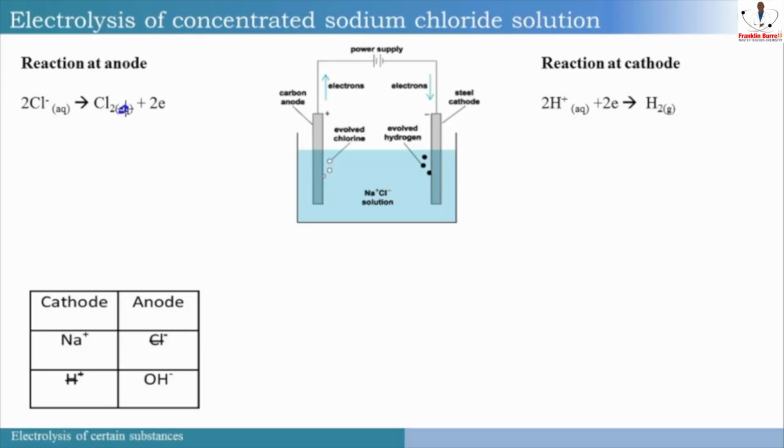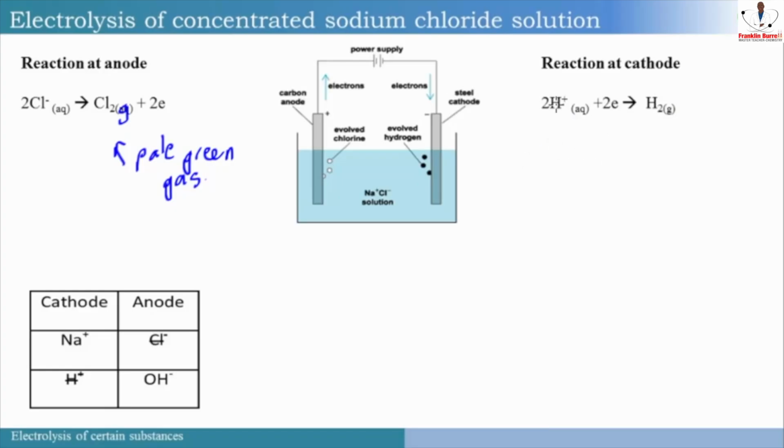So what should we observe? You should observe effervescence at the anode. You should also observe a pale green gas. At the cathode, H+ is being reduced to H2 gas.